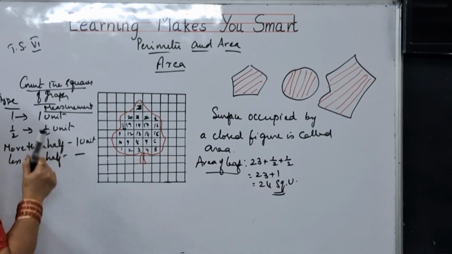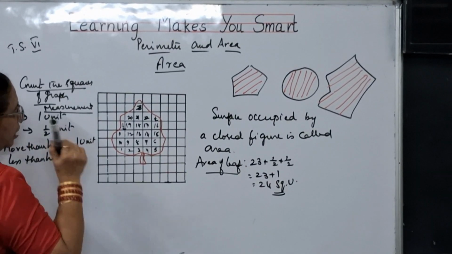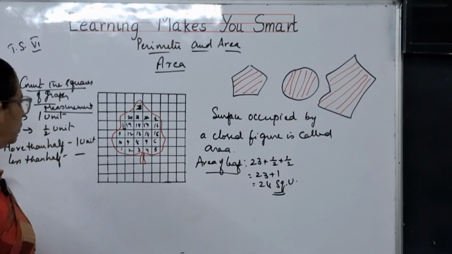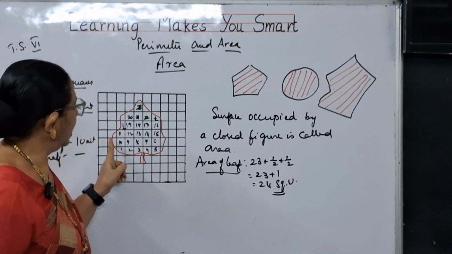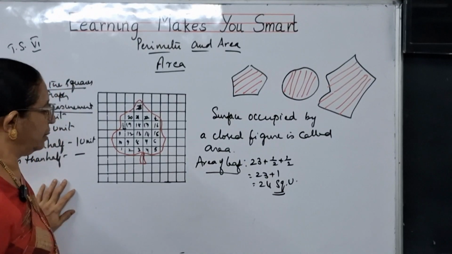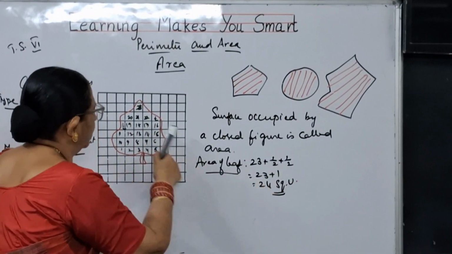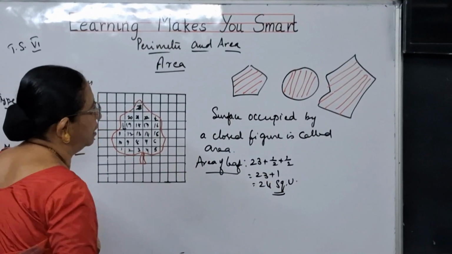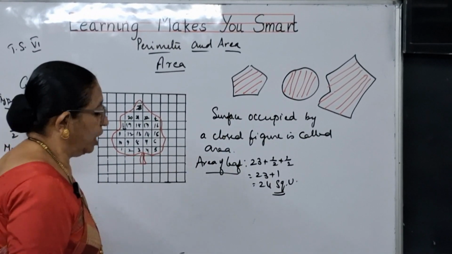Half square, half unit. More than half square, 1 unit. Less than half square, no unit. In that way only I have counted. For your convenience, I have kept the numbers also, children, so that you will have a thorough knowledge about it. Two halves I have got, half plus half, remaining all 23. So a total of 24 square units is the area of this figure.